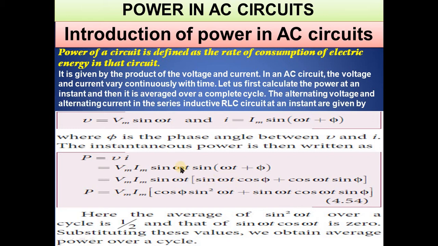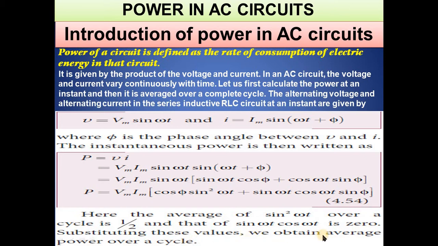Multiplying and simplifying, P = Vm Im (cos φ sin² ωt + sin ωt cos ωt sin φ). Here the average of sin² ωt over a cycle is 1/2, and that of sin ωt cos ωt is 0.